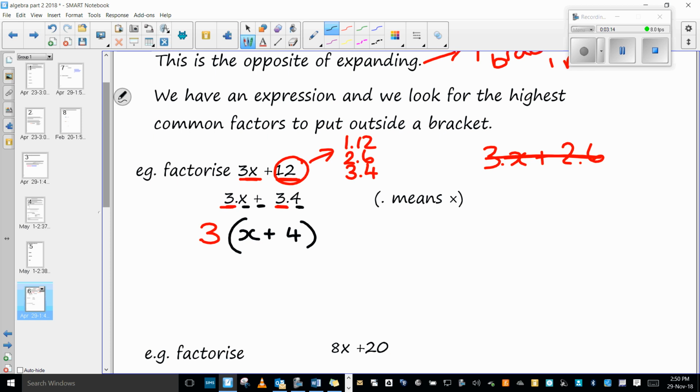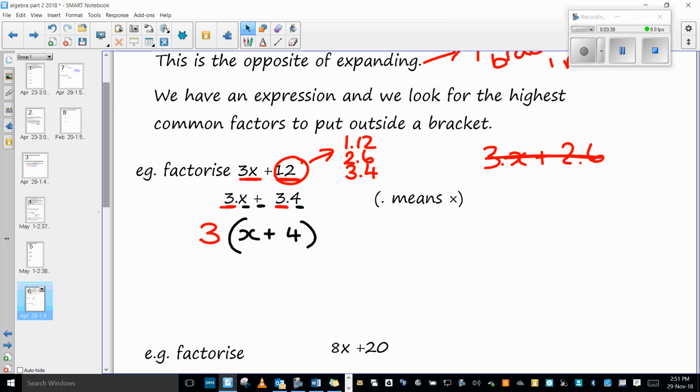So, my 3 was common, so that's just written at the front, and we only write it once. The reason is because it's common. So the whole idea is that we're writing common things to the front, and we'll just write them there once. Now, that's my final answer.